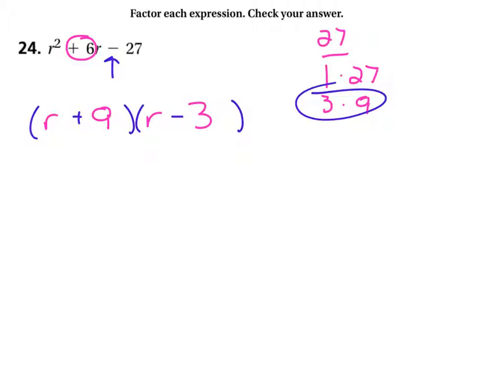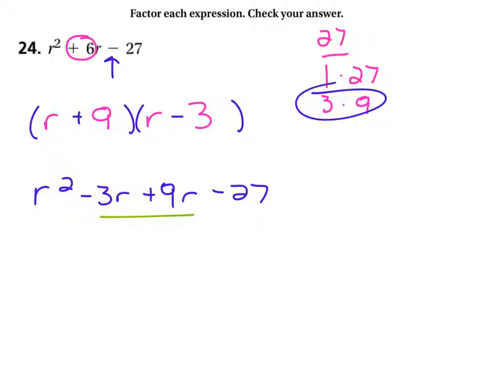And this is why. If we were now going to FOIL this back together to check it, then watch what happens. R times R, R squared. Outer, R times negative 3, negative 3R. Inner, 9 times R, 9R. And last, 9 times negative 3, negative 27. These two are going to combine to make the R term.